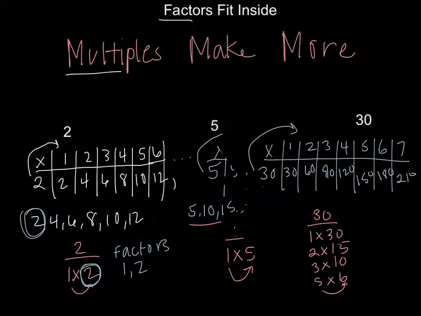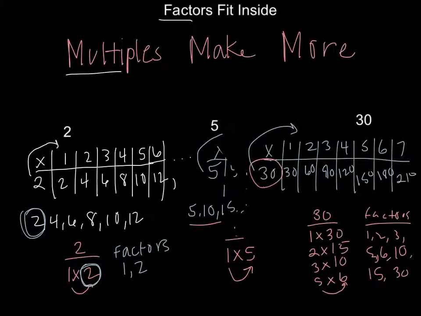And that is my turnaround point. So the factors that fit inside of 30 are 1, 2, 3, 5, 6, 10, 15, and 30. And as always, the number should be a factor and a multiple of itself.